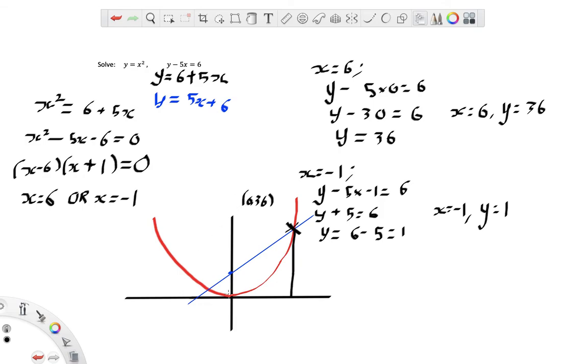And then we also have this solution here. We're into our negatives on the x-axis, which makes sense because we've got a negative answer for x, and it's a y value of 1. So this point here is minus 1, 1.